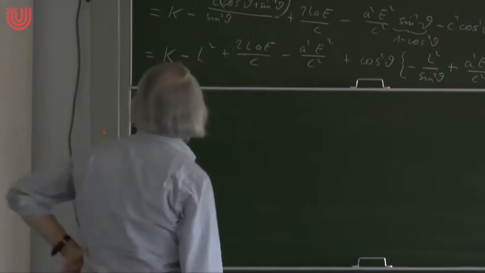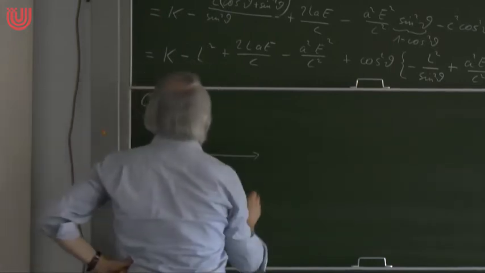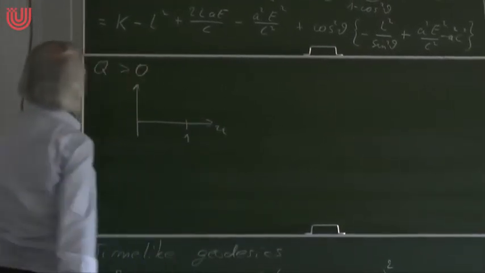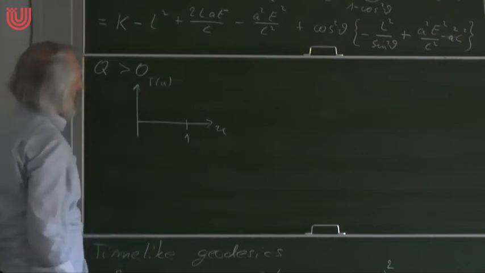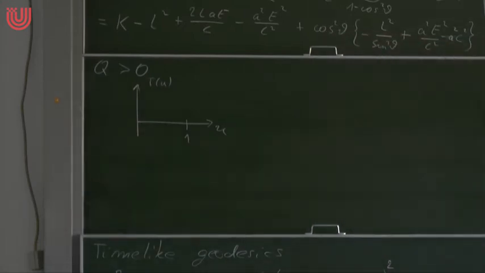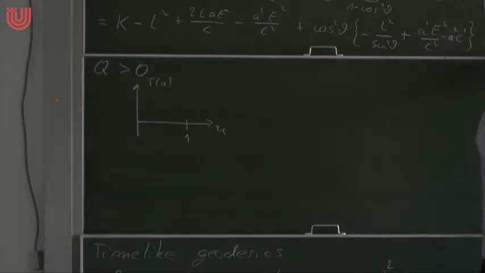So what are the possibilities for the function T? The function T is defined on the interval between 0 and 1. And it is a second order function. And it determines the sign of u prime squared, because u is positive. u is cosine squared theta.